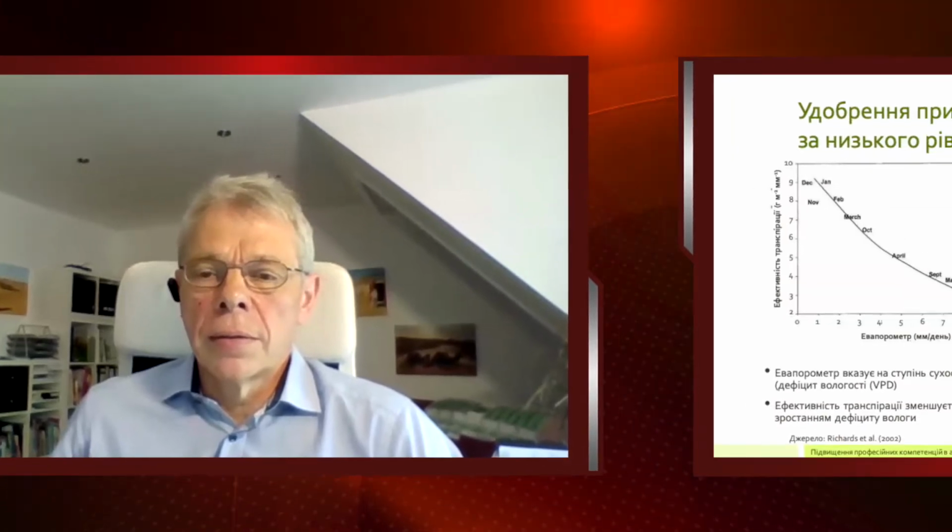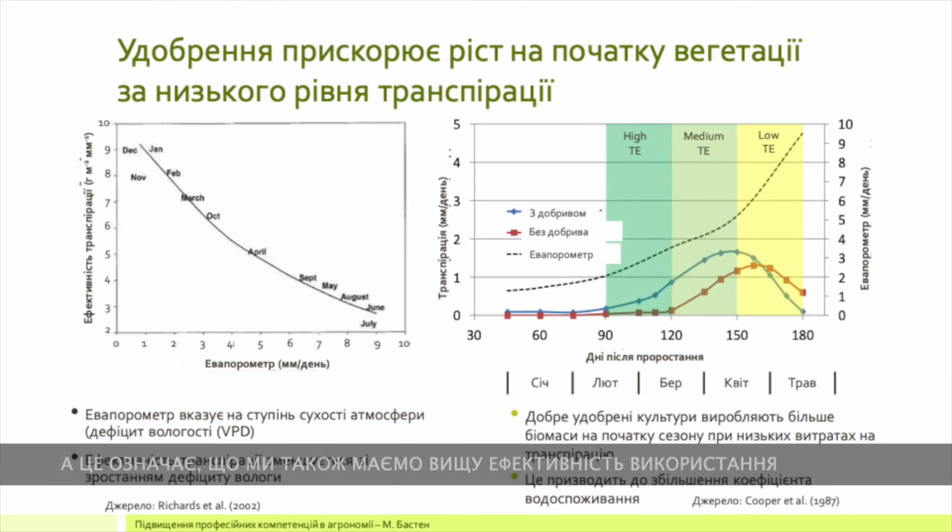And as I said, if we accelerate the growth of a crop early in the season, then we can shift the biomass production to earlier days, and this means we also have a higher water use efficiency compared to a crop which has a kind of delay in development.